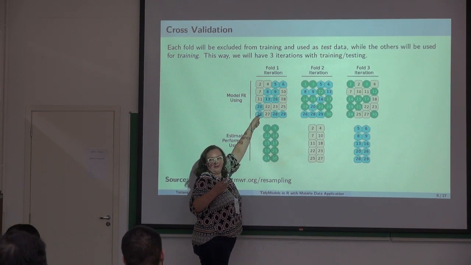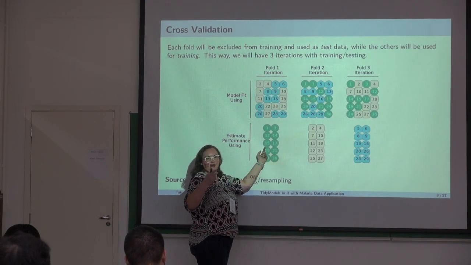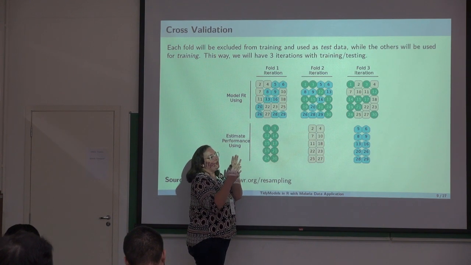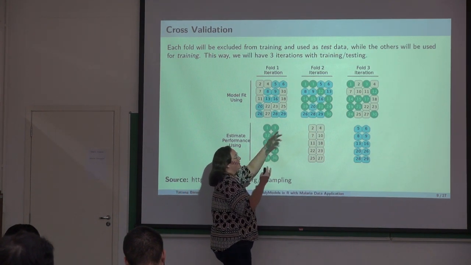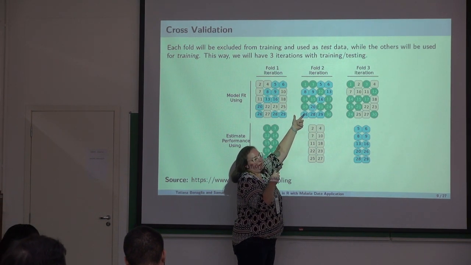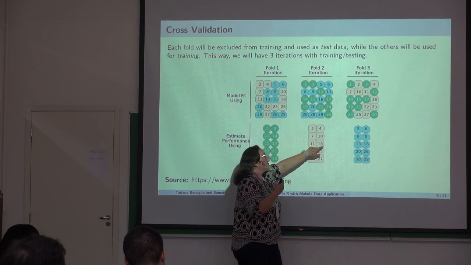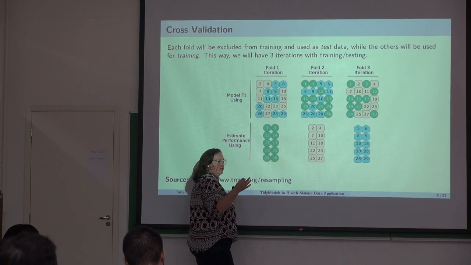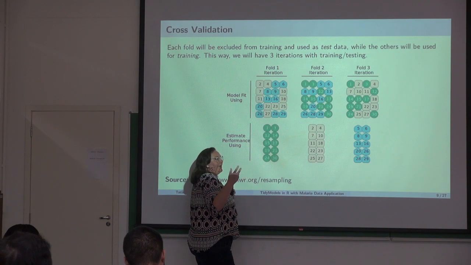So I train here, validate, and check the metrics here. Then I iterate: I get the second part, isolate it, train here, validate here. So now, for the same model, I have evaluated in three different validation sets.